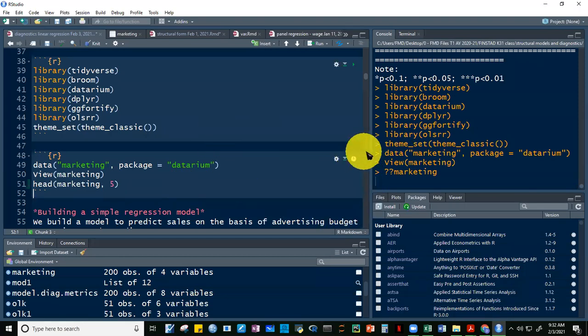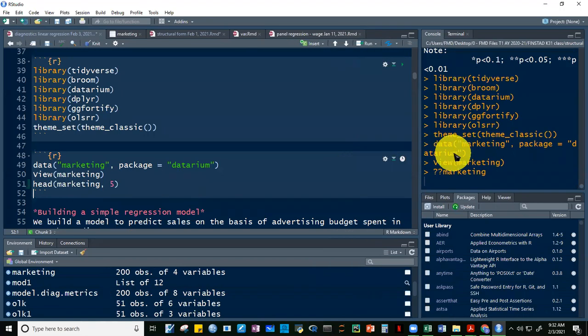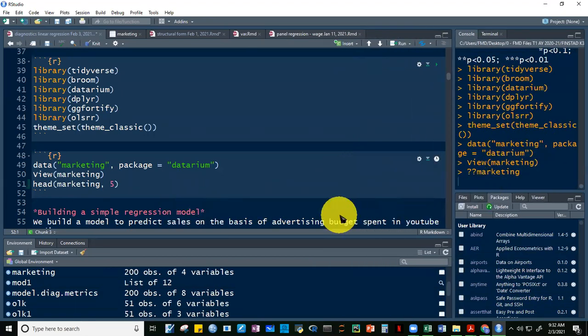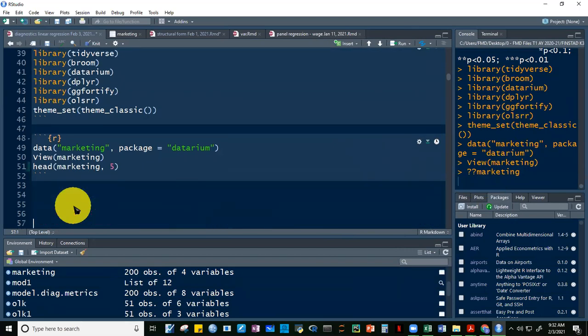Why is it not running? Bakit hindi nag-run yung head?